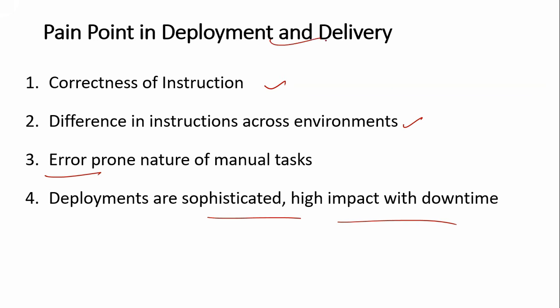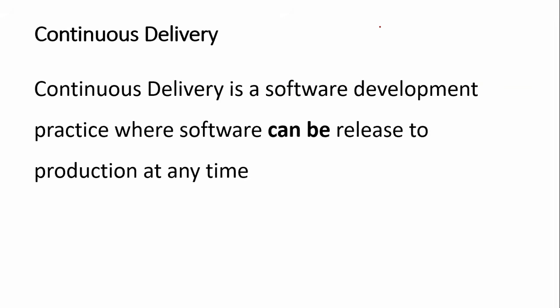And delivery means once everything is ready, pushing our code into live, that is what we say delivery. So continuous integration means continuously integrating the code, which is nothing but code integration.